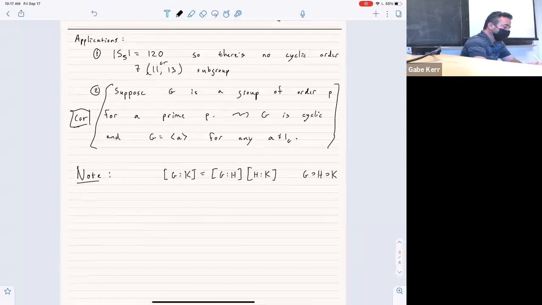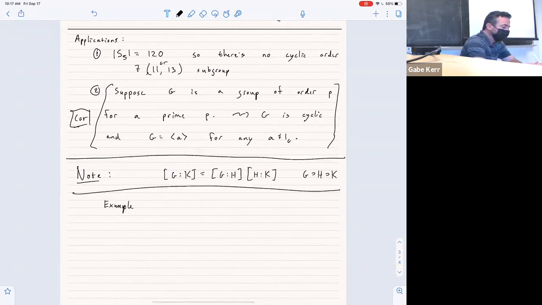So an example, not of this, I want you to read about that in the book, but an example is you can consider the additive group of integers, and consider the subgroup 3Z. Well, let's do 3. In fact, we're going to talk about this more on Monday too.